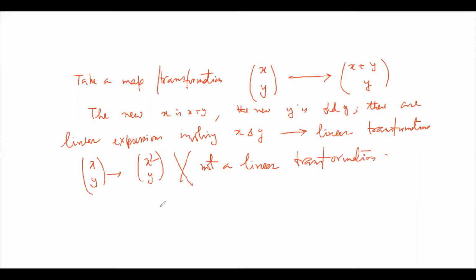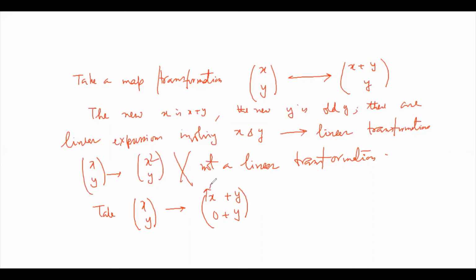Okay, so let's stick to this example. Take xy goes to x plus y, and y I will write as 0 plus y. Now, the most important thing: we write this transformation using these coefficients.